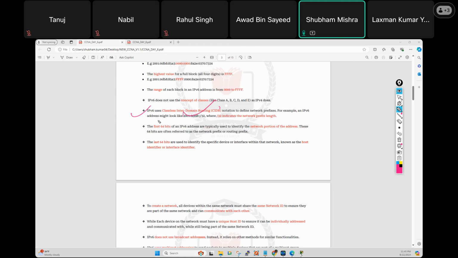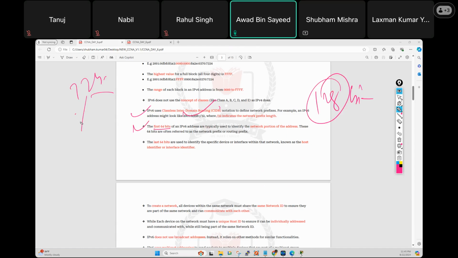Understand, everyone? What is the size of IPv6? 128-bit. Similarly, in IPv4, what is the size? 32-bit. And if you remember, I told you an IP address is divided into 2 parts: one is the network part and the second is the host part. In IPv4 by default, 16 bits are network and 16 bits are host.